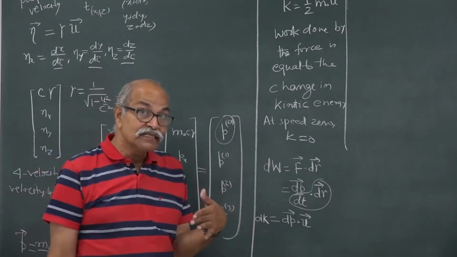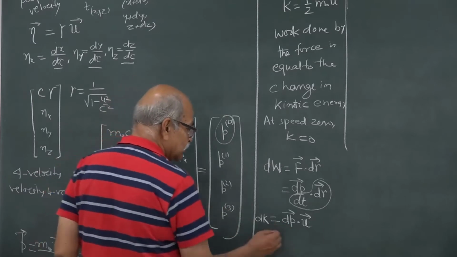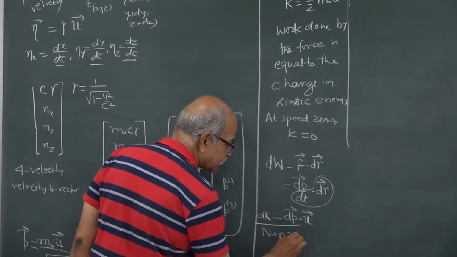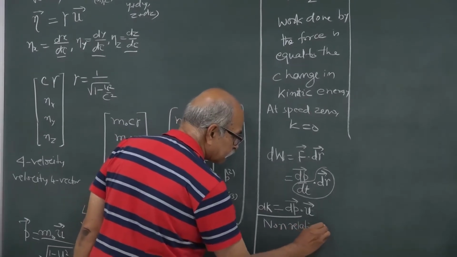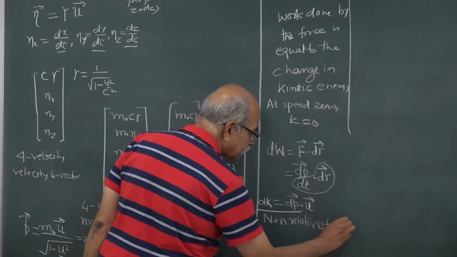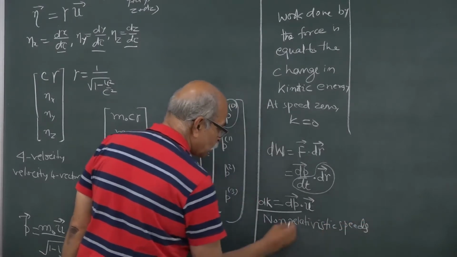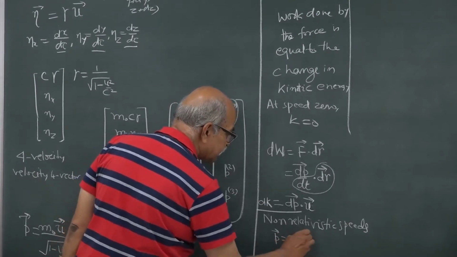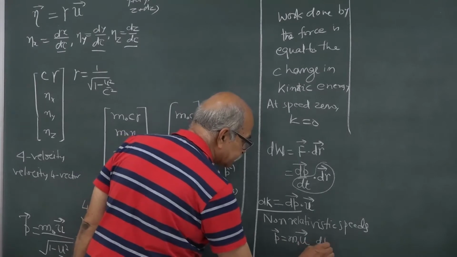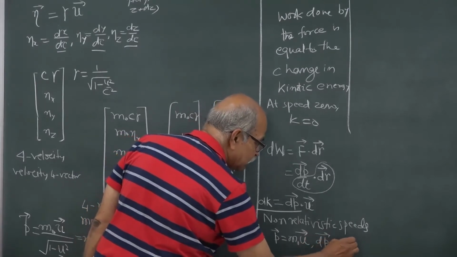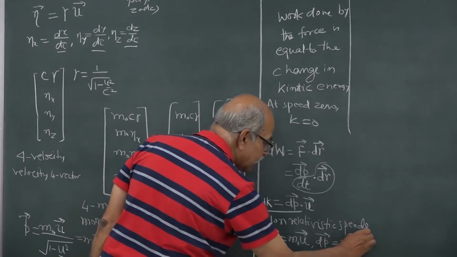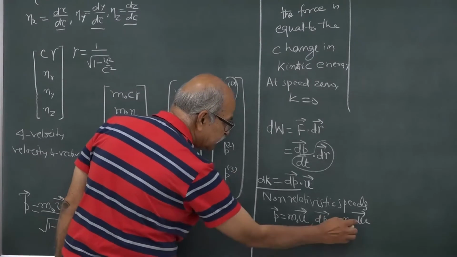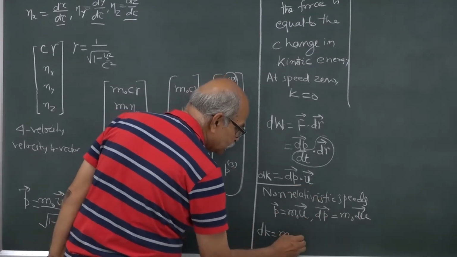Now, in non-relativistic speeds, what do we do? We say that for small speeds, non-relativistic, p is mass times velocity. So, this is p, and hence dp is m naught du, and therefore, this dK is m naught du dot u, or u dot du.